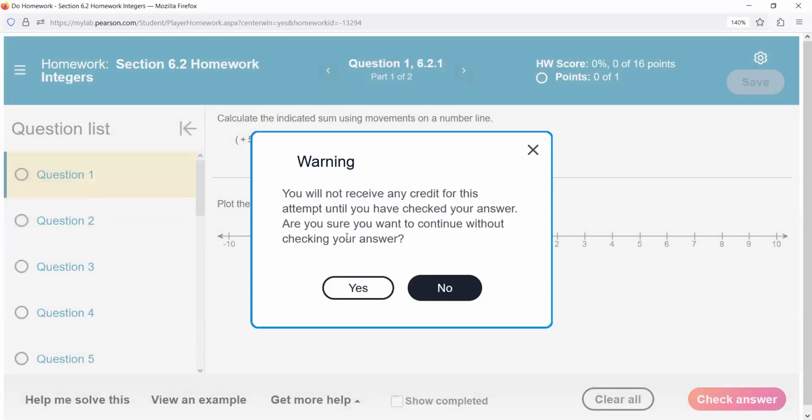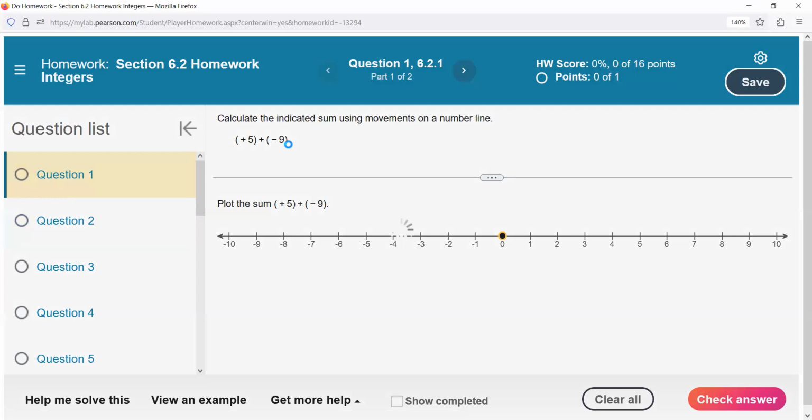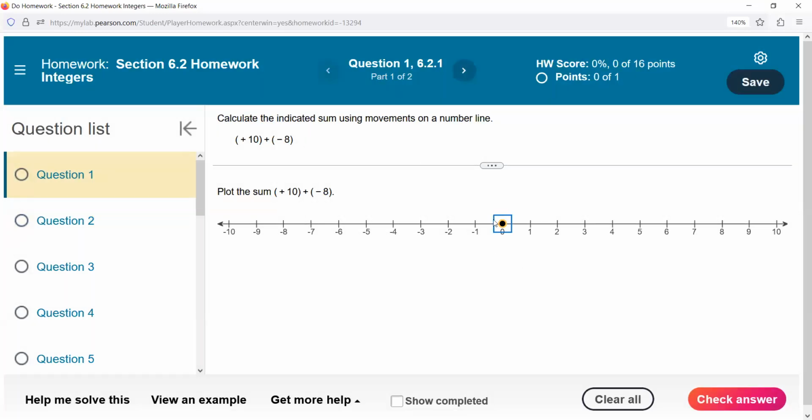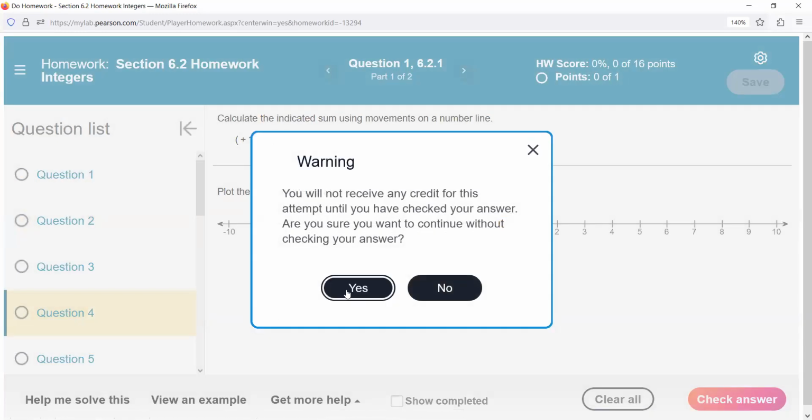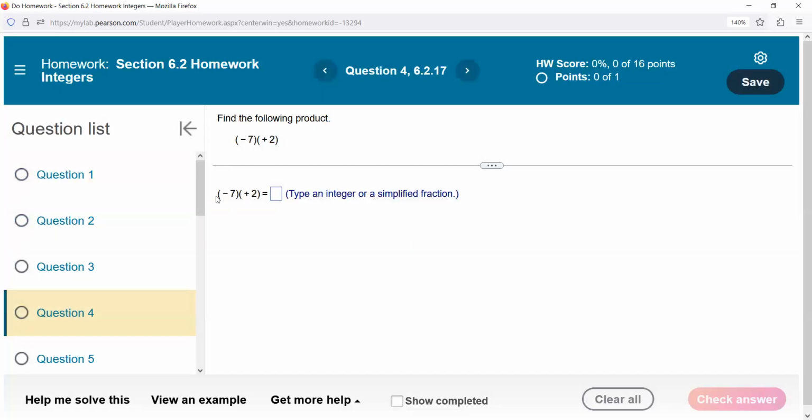Okay, actually, let's start with number 9. They are asking us to calculate the indicated sum, or doing the operations.